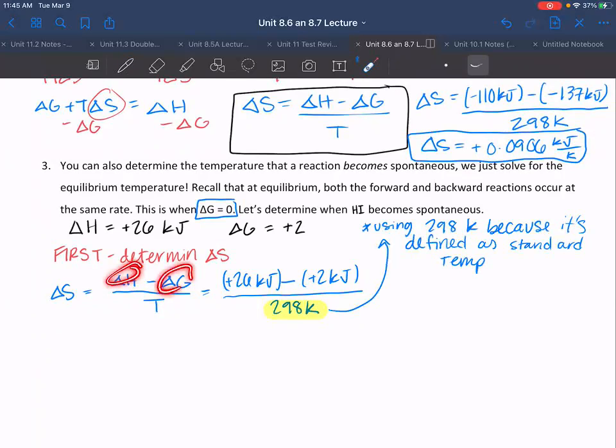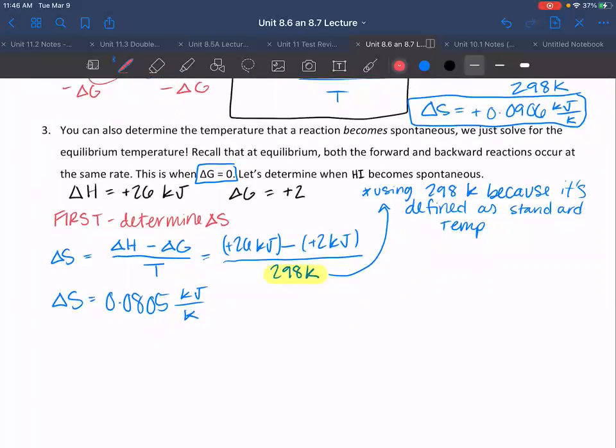So because these are both dependent on 298, we're still going to use that for delta S. So we won't change the degrees unless the problem states differently. Okay, so we are going to end up getting, that was a really bad delta. Sorry. Delta S is equal to 0.0805 kilojoules per Kelvin. And I forgot my E over there. There we go.